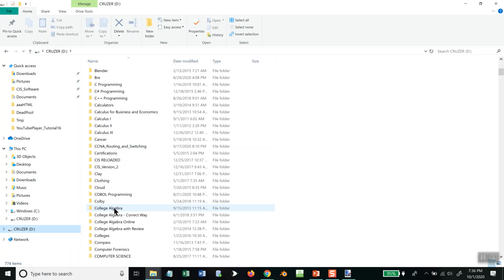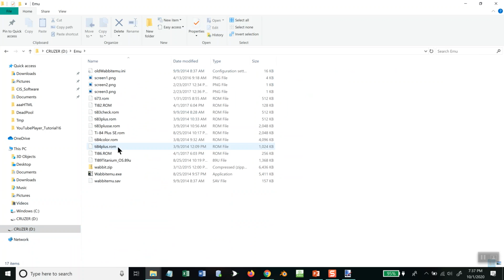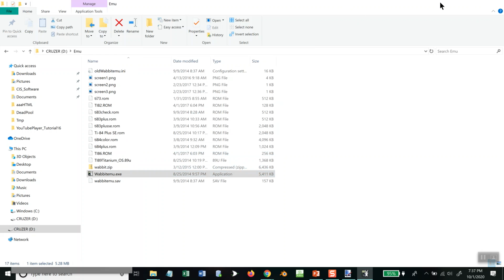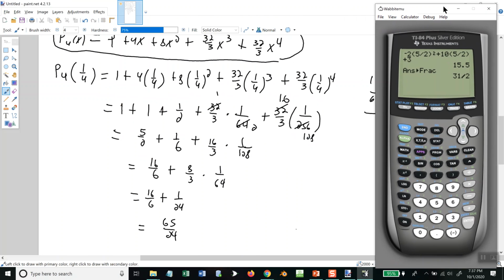Just plug the entire thing in, enter the fraction. You see why their math department talked about not requiring people to buy a TI-83 or 84, because there are so many online resources for it.